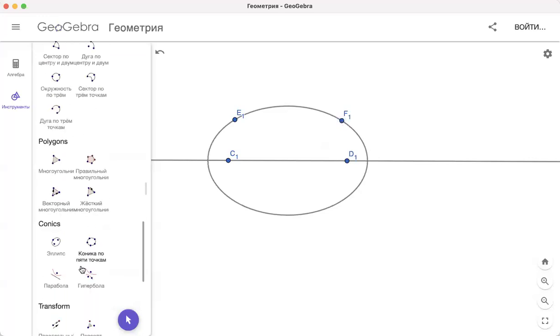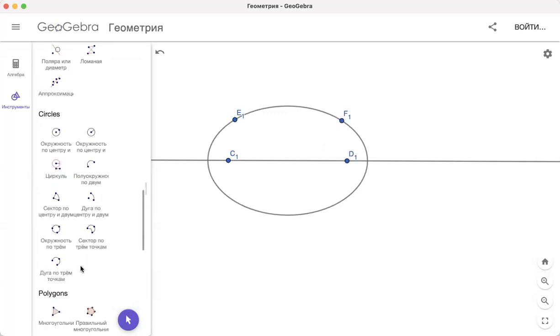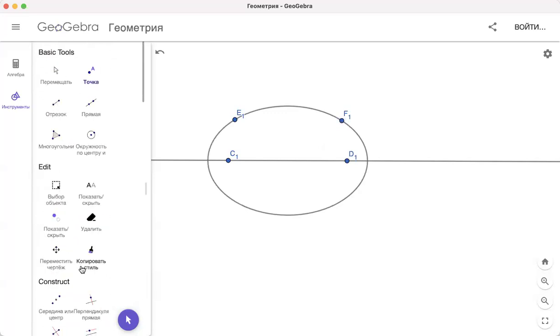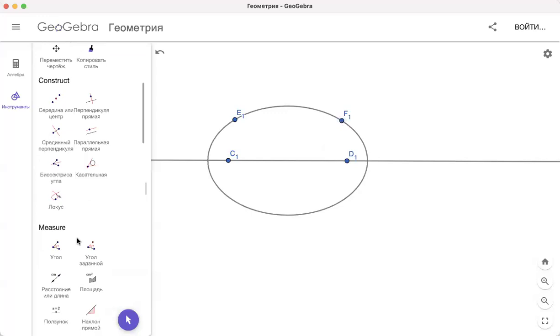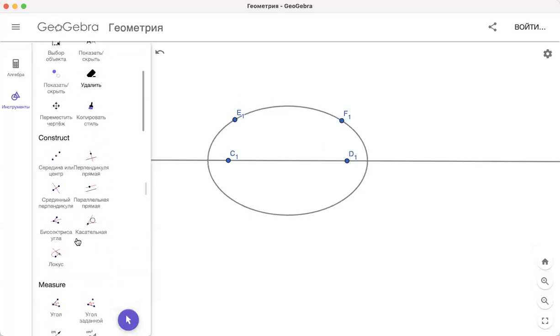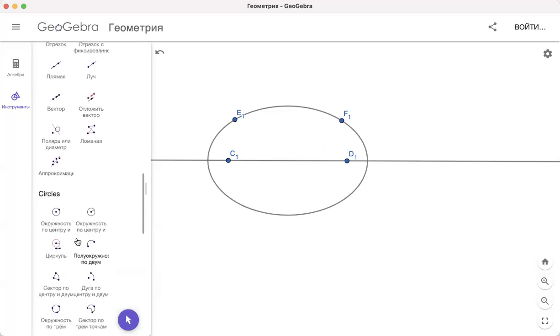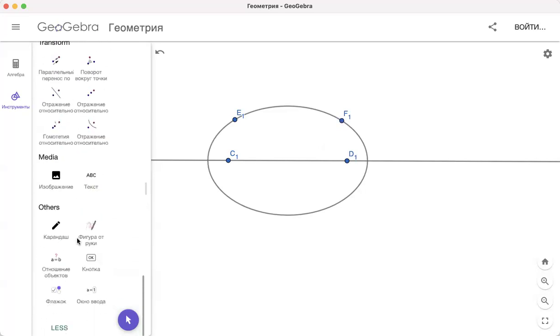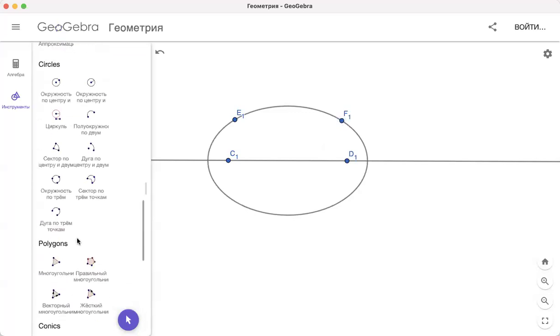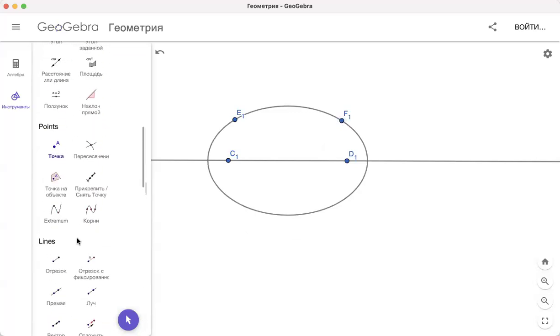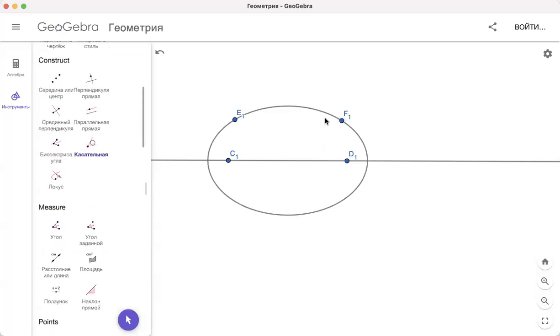The first, for the first family, let me draw it.